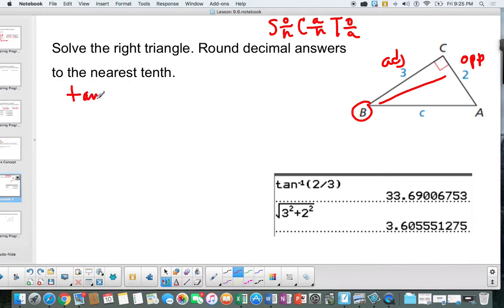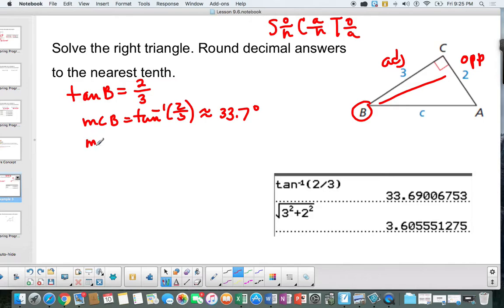So the tangent of B is equal to 2 over 3. So the measure of angle B will be equal to tan inverse of 2/3. And I've put this in my calculator, and that's going to be 33.7 degrees. So angle B is 33.7 degrees.